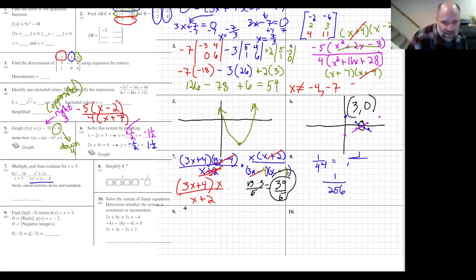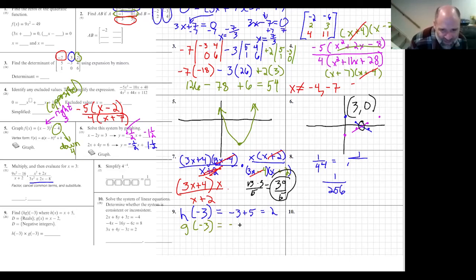All right. So H of -3, what's the H function? Is x plus 5. So -3 plus 5, which is 2. And then G of -3, the G function is x minus 2.